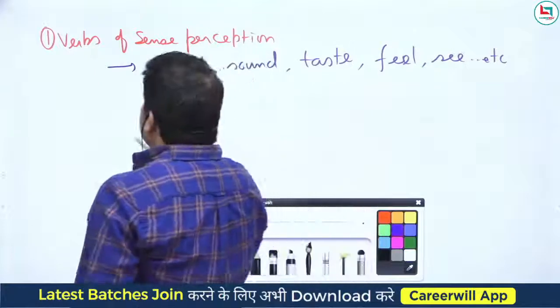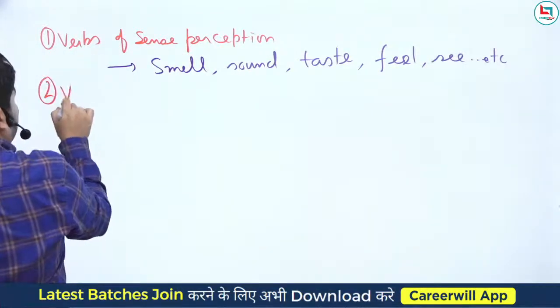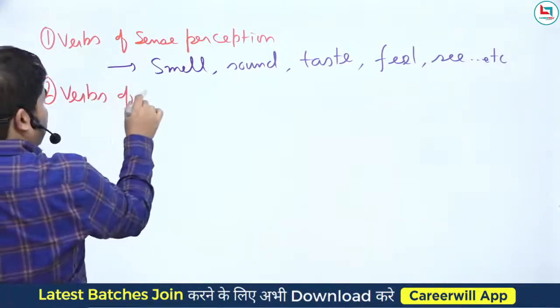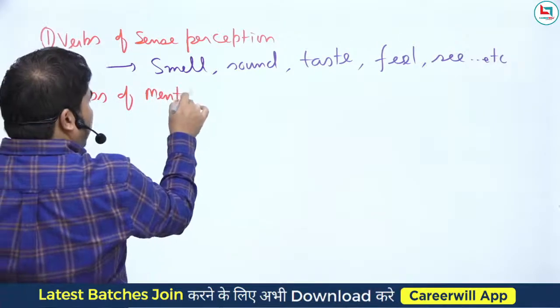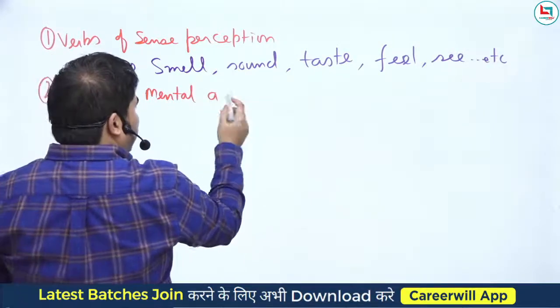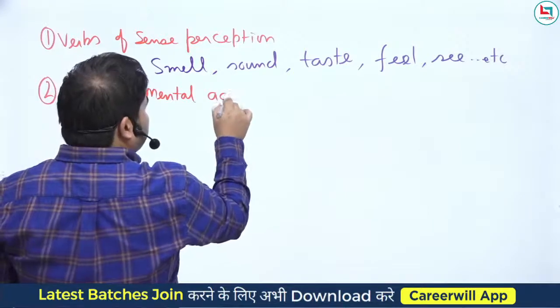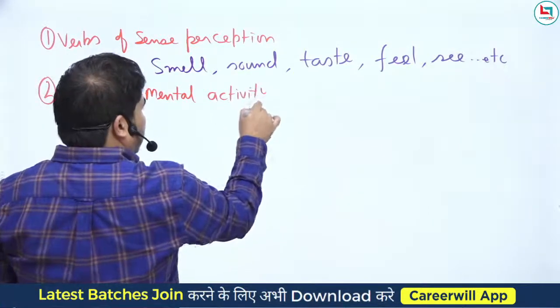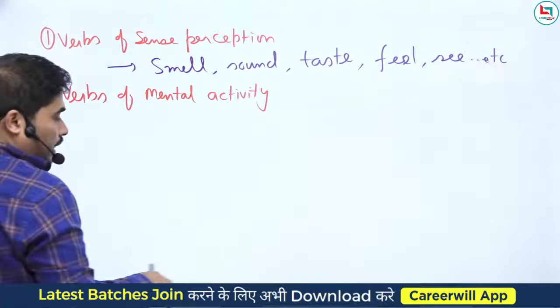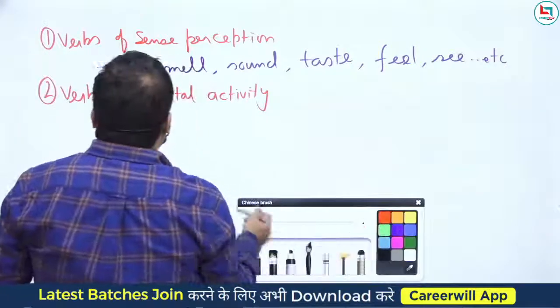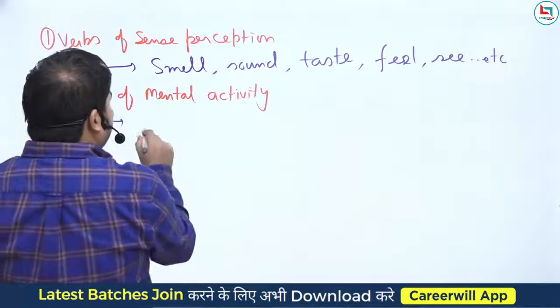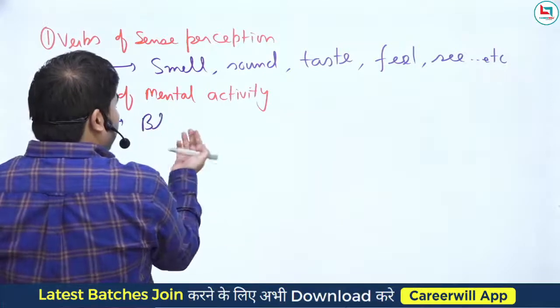Second is what? That is verbs of mental activity. And again, in mental activity, you can't be sure what you are believing, are thinking. That is your call. That is again not something which is universal and can be applied to each and every one. So the verb like believe, if you are saying like I am believing, that is incorrect.